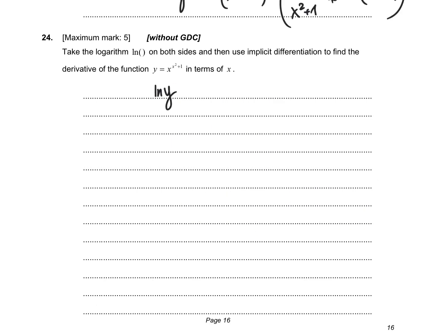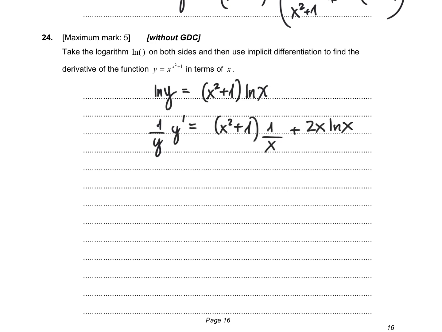Natural log y equals x squared plus 1 times natural log x. 1 over y times y prime equals the first times the derivative of the second plus the derivative of the first times the second, multiplying by y, but y is x to the x squared plus 1. And then we have this.